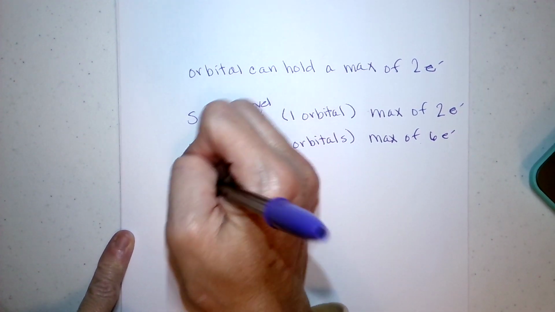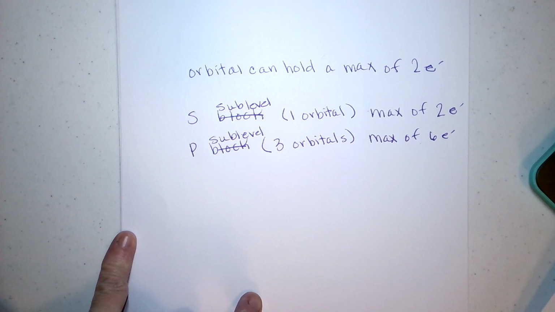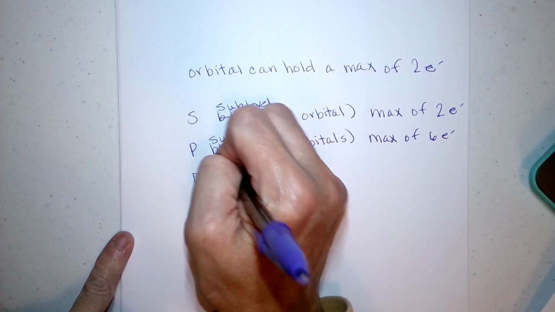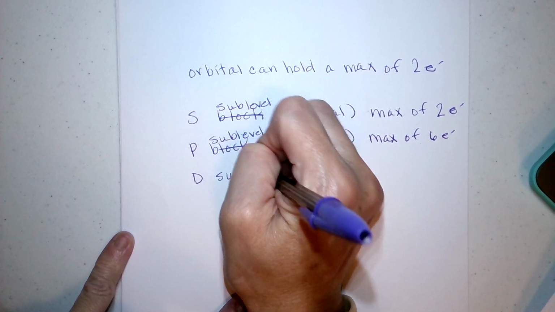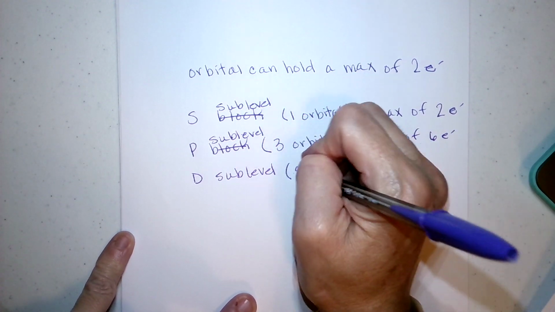Okay, then we have a D sublevel. And this has 5 orbitals.